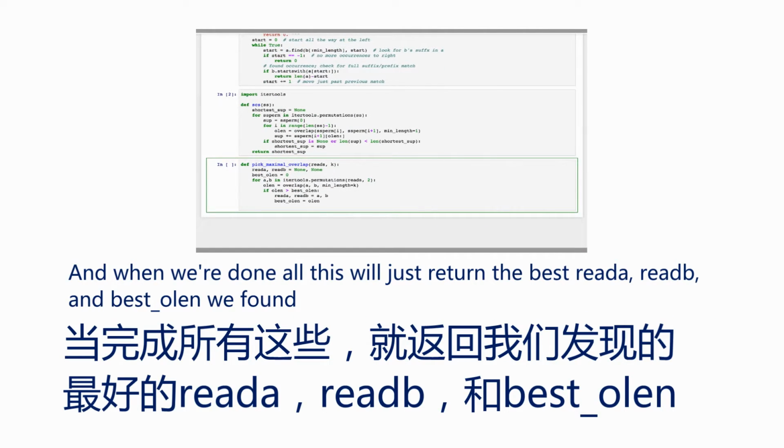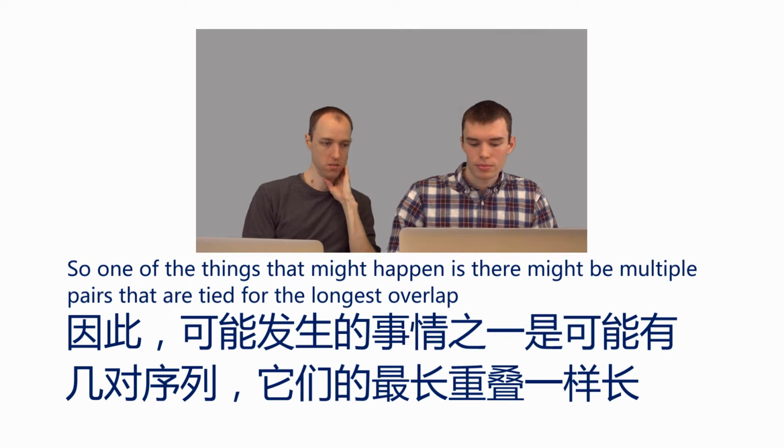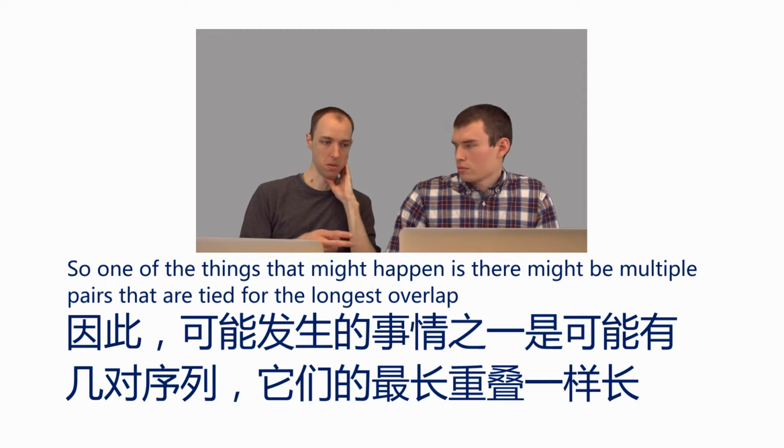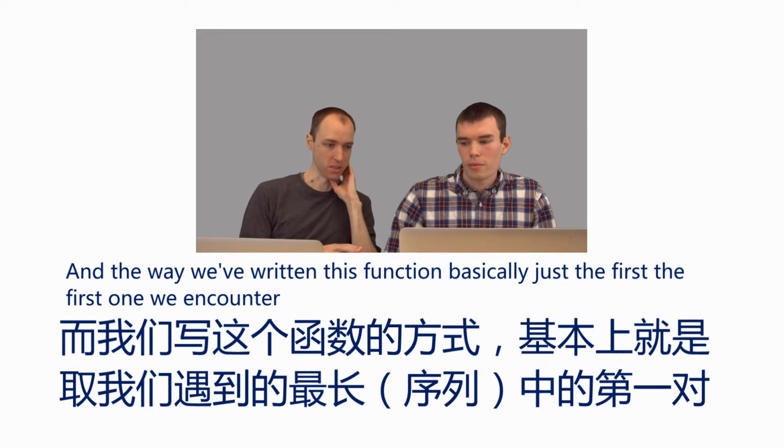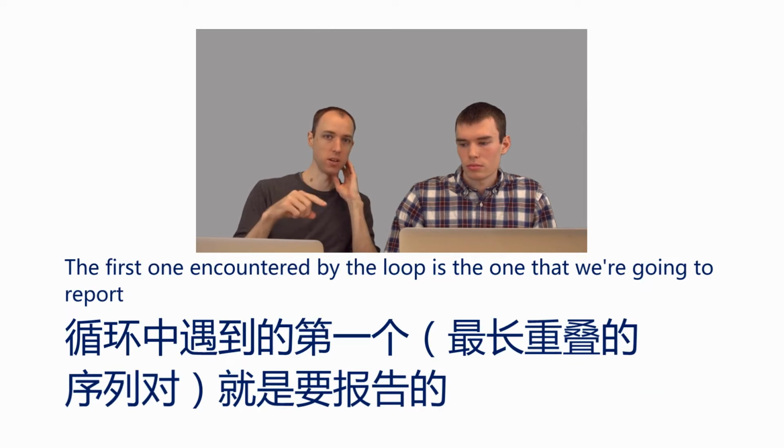And when we're done all of this, we'll just return the best read A, read B, and overlap length that we found. One of the things that might happen is there might be multiple pairs that are tied for the longest overlap. The way we've written this function, basically just the first one encountered by the loop is the one that we're going to report.